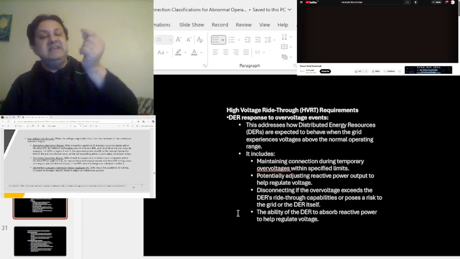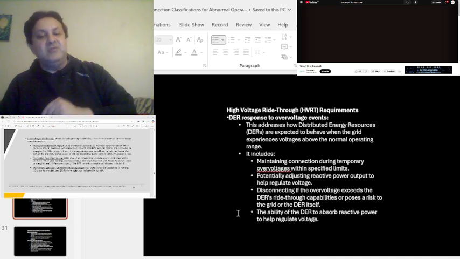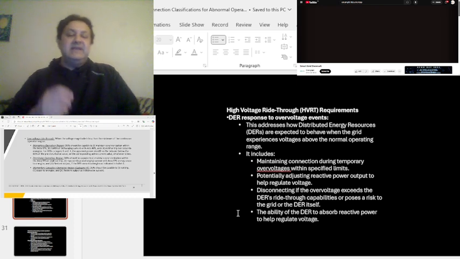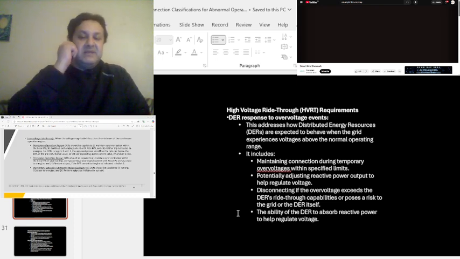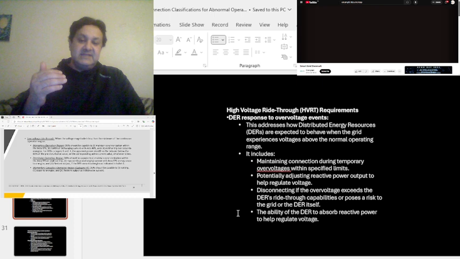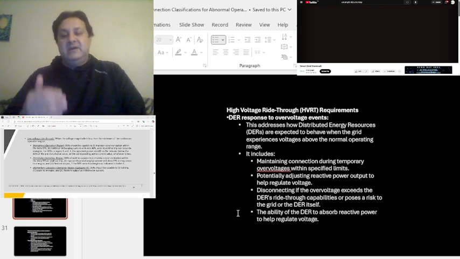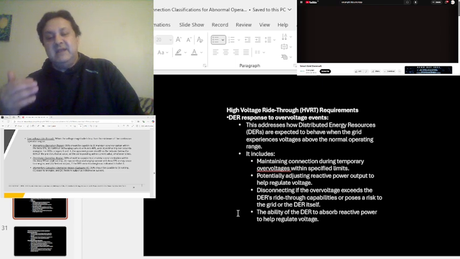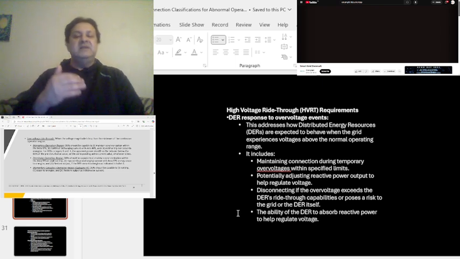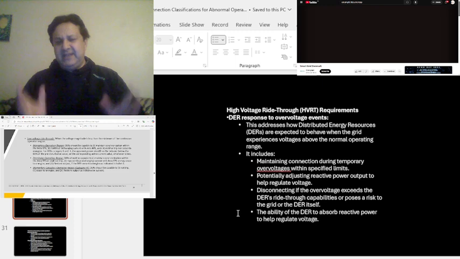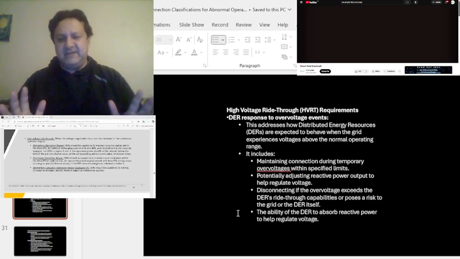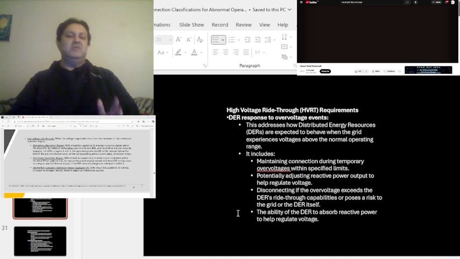If it exceeds that, then it disconnects, or poses a risk to the grid or the DR itself. Also the ability of the DR to absorb reactive power to help regulate voltage.